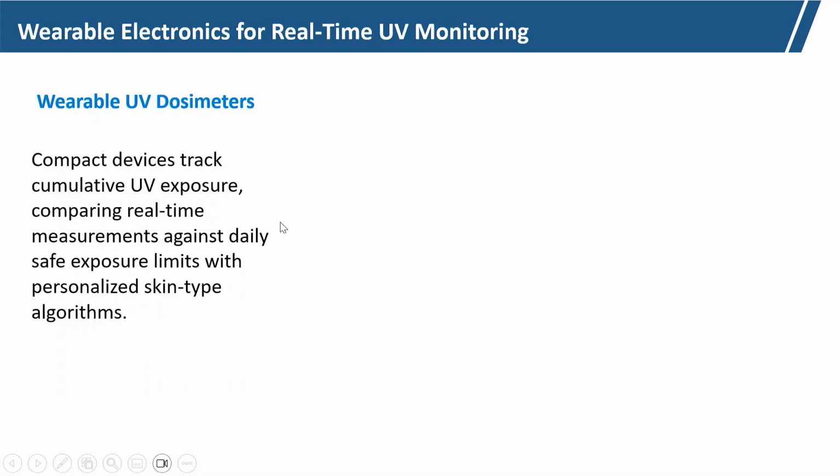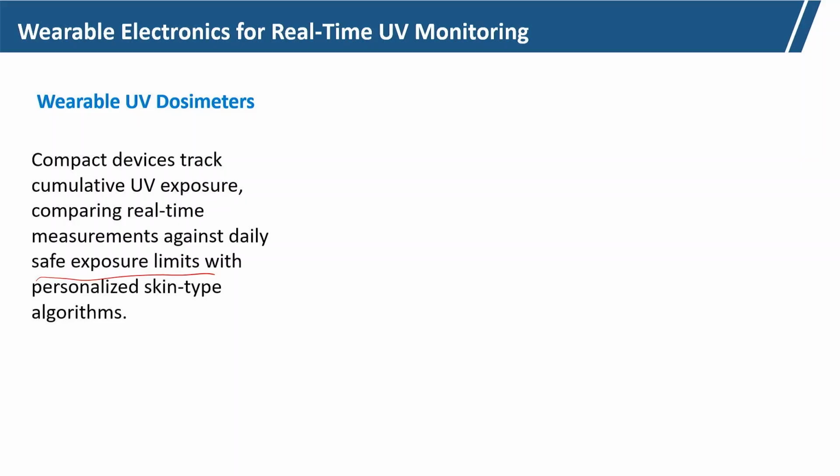So, this wearable electronics compact device, which is incorporated on the textile material, will be able to tell how much UV exposure there is, comparing the real time measurement against the daily safe exposure limit.